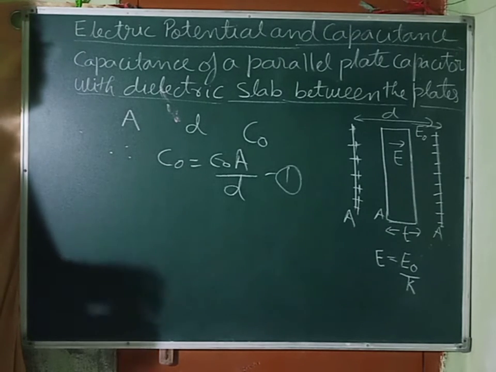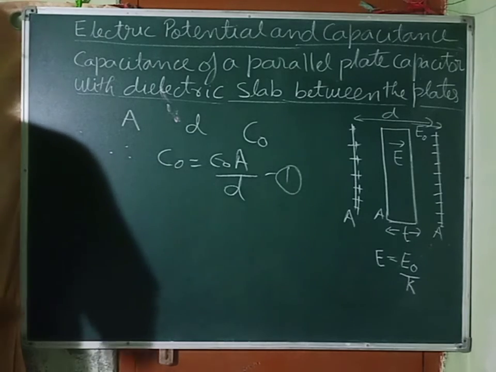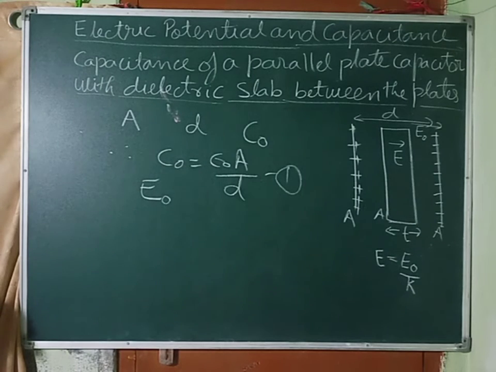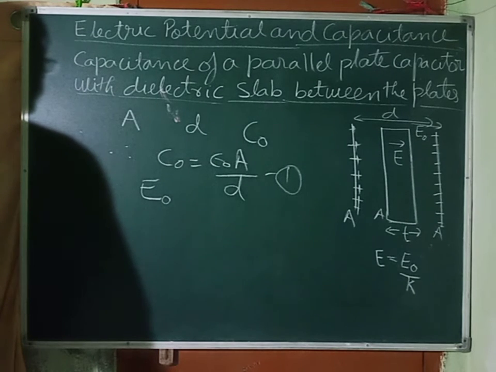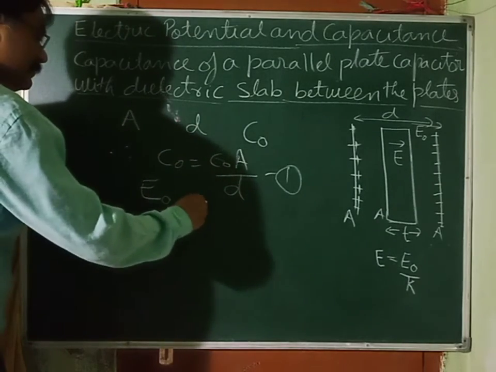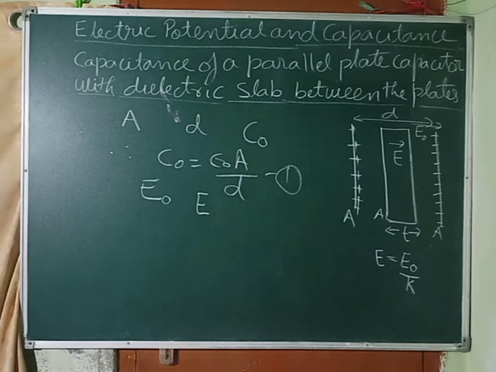Therefore the electric field in the free space region is E naught, whereas in the region inside the dielectric slab, it is E.